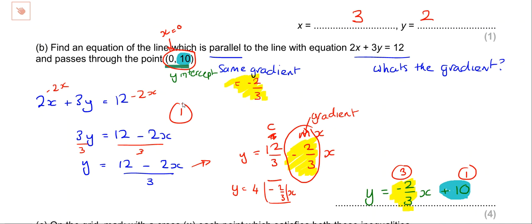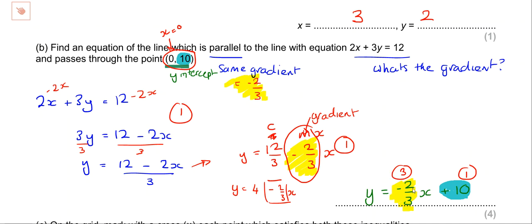I would then give you a 2nd mark if you rearranged correctly, but took the gradient to be 4, for instance. So you took the gradient wrong. To be honest, if it's obvious from what you did that you tried to put it to y equals mx plus c, 1 mark if you did that correctly, but you just didn't take the right gradient.